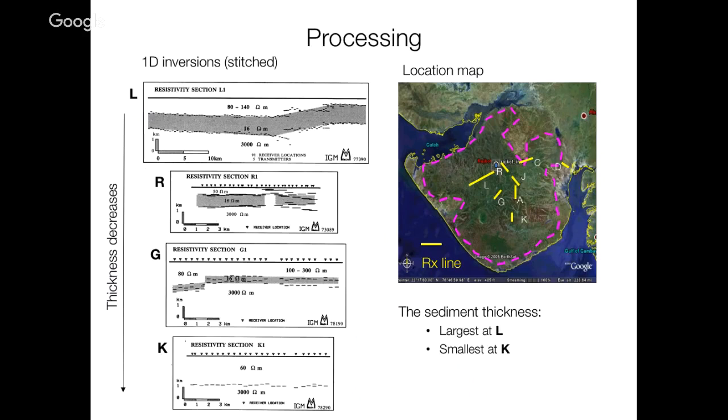When you look at section G down here, you get the same kind of thing with the thickness of sediments being much less. And when you get down to K, then the sedimentary thickness is gone. The impact of this was that it was entirely opposite to what the geologists had previously thought, because they thought the sedimentary thickness increased towards the south, but it went the other way.